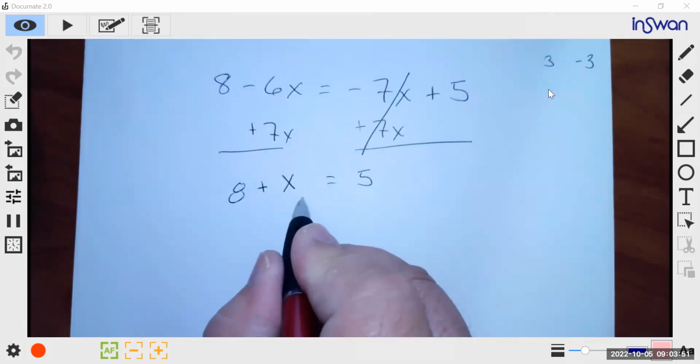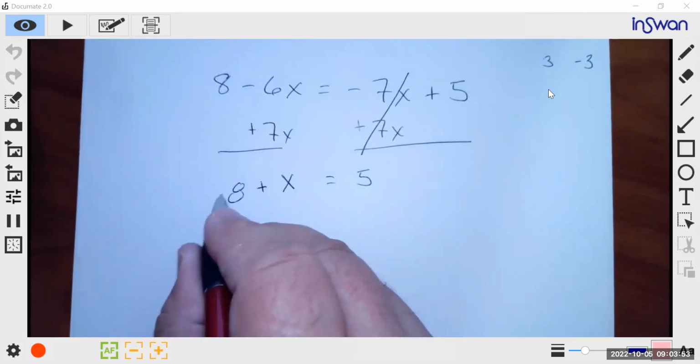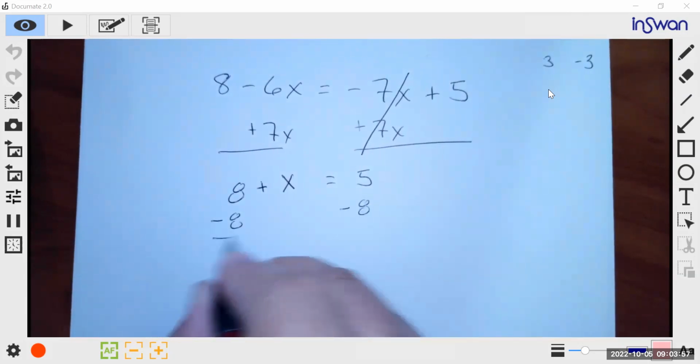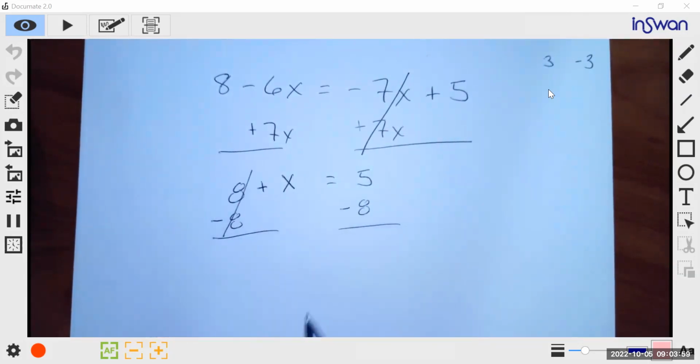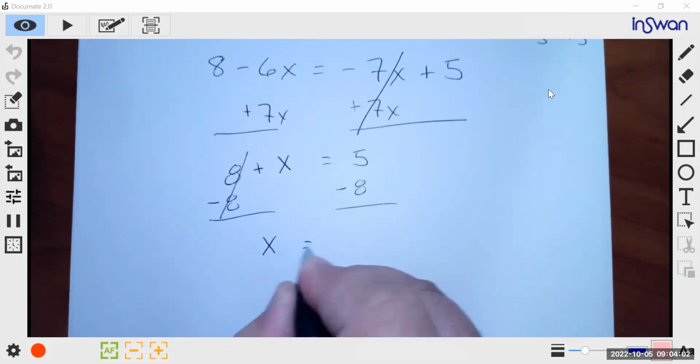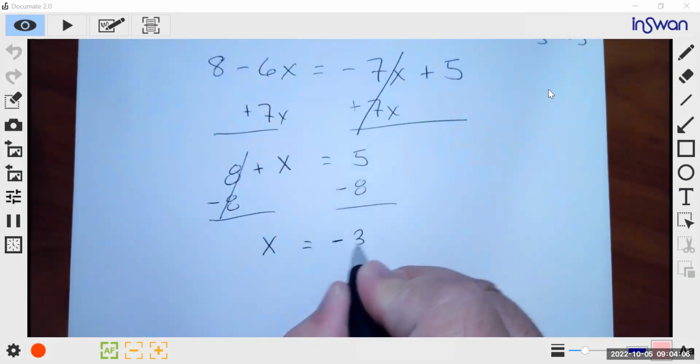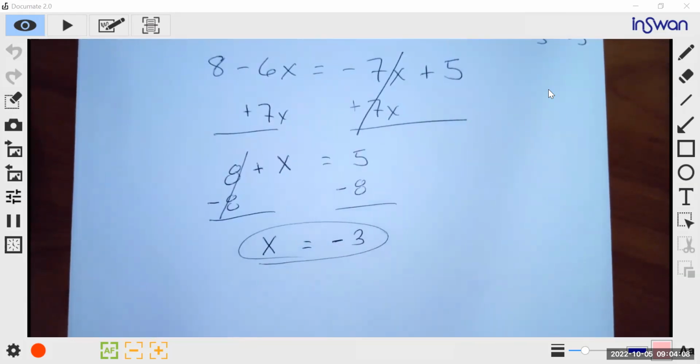We have the x's on one side, so we get rid of the non-x's. Get rid of the 8. Subtract 8 from both sides. Eight's bigger than 5, so it's negative. 8 minus 5 is 3. Negative 3 is your answer.